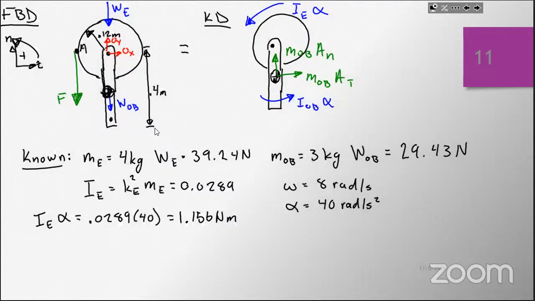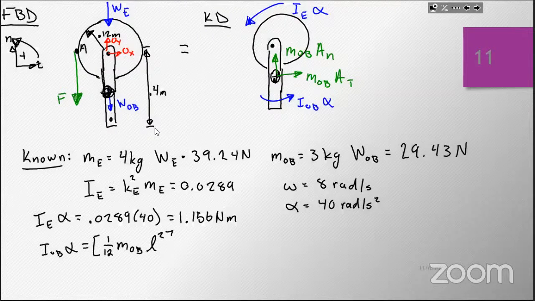All right, so what else can I figure out? I_OB alpha? Yes, I can. How? Well, OB is a bar, and the mass moment of inertia for a bar can be given through the following equation. So I'm going to combine both, right? I_OB is 1/12 mass of OB times L squared.